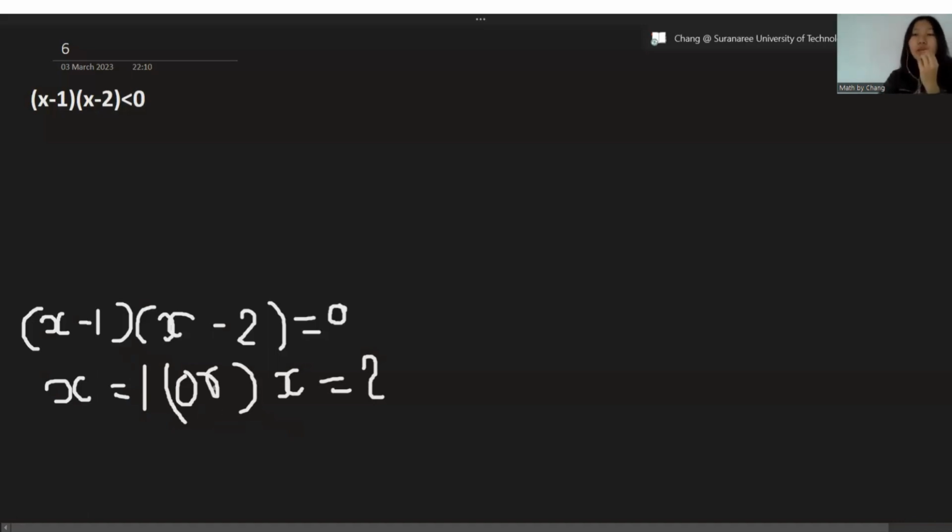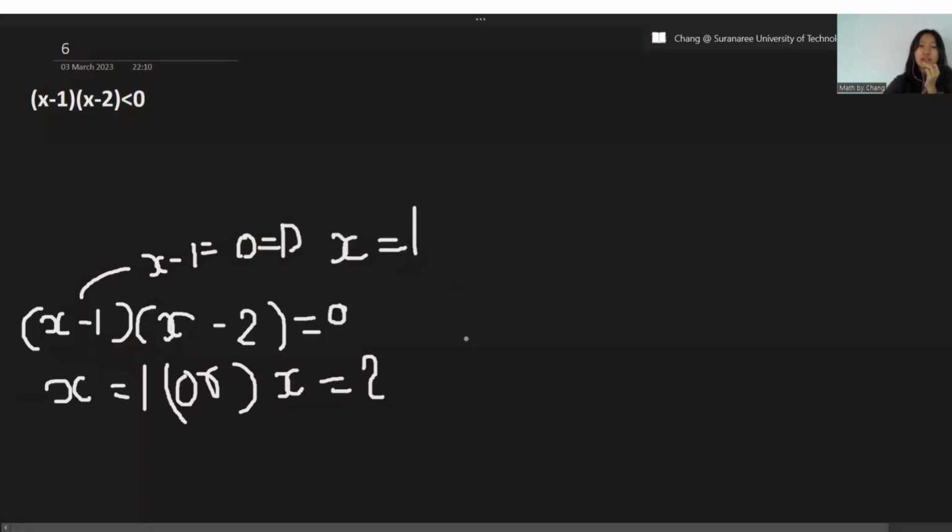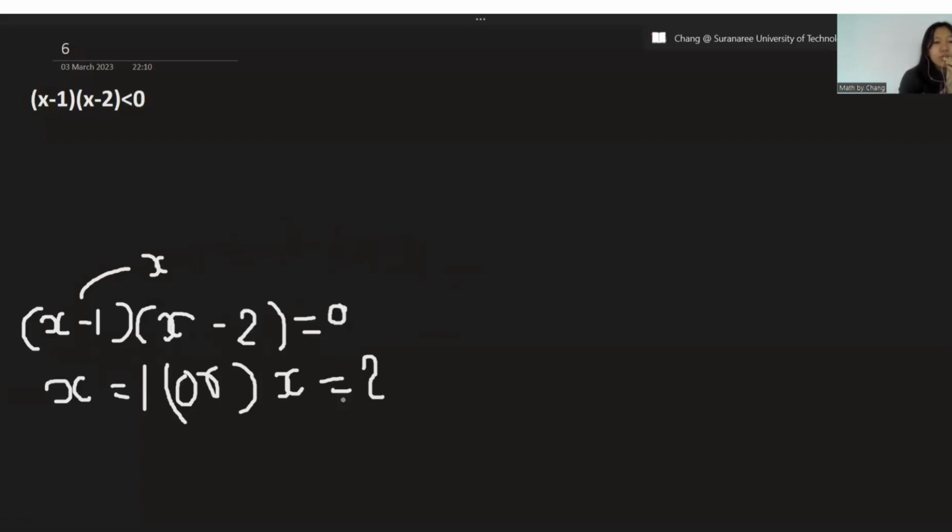If you have trouble solving this, just set each factor equal to 0, like x minus 1 equal to 0. What will you get? x equal to 1, right? And the second one, x minus 2 equal to 0, you will get x equal to 2. All right, so this is briefly explaining it.